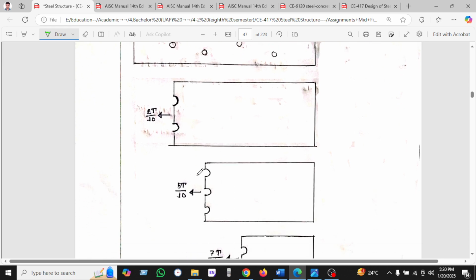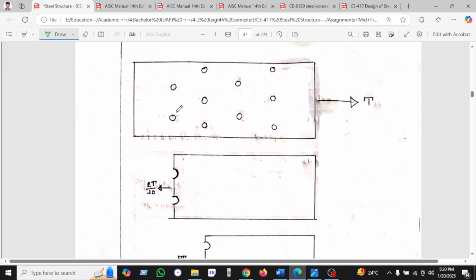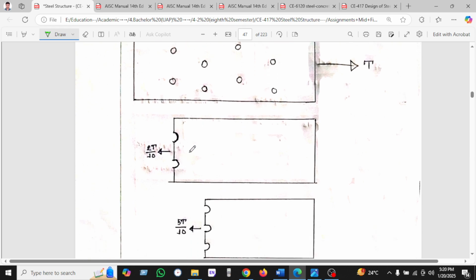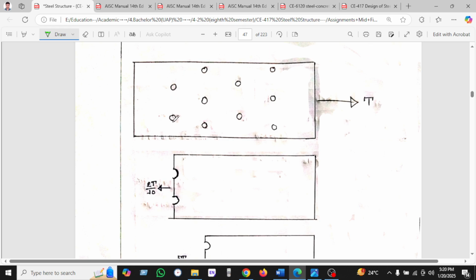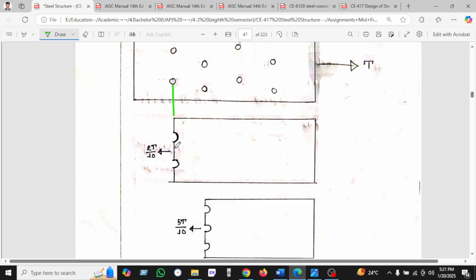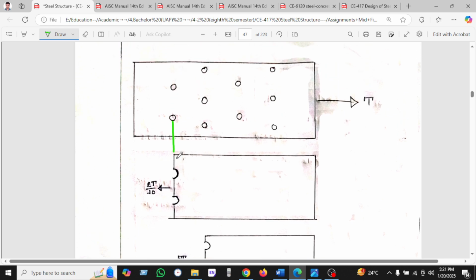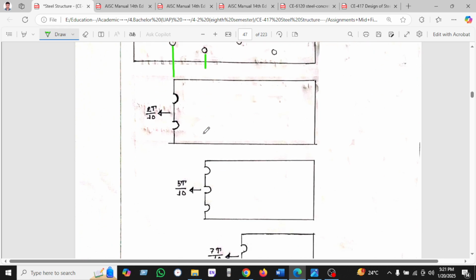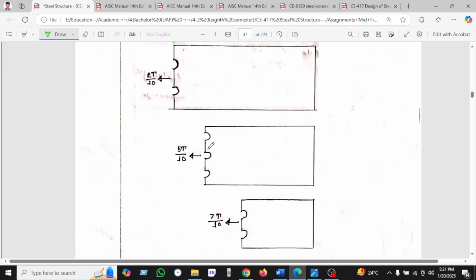So you can see another graph, showing how many paths the section can collapse along. At first we can see this type of section failure, where tearing occurs through these two bolts or holes. Then for the second option, three bolts or holes are involved, and the failure mode will be like this.